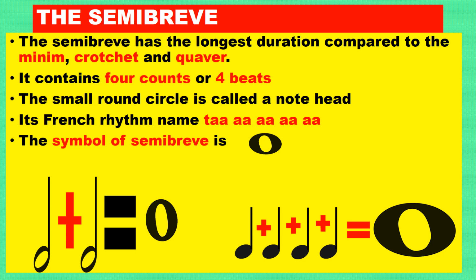Remember, 2 minims form one semi-breve, and if you add 4 crotchets, 1, 2, 3, 4, this will form the semi-breve. As we said, semi-breve has 4 counts or 4 beats.